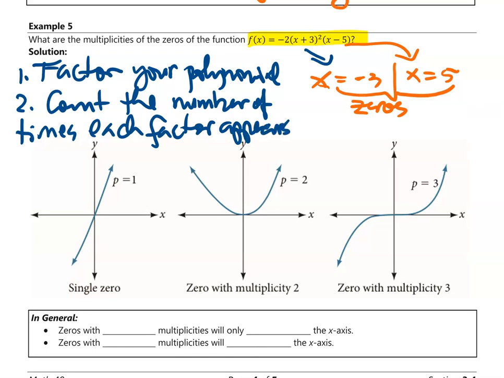That is by looking at the power of each factor. X plus 3, the power is squared. So that's why x minus 3 has a multiplicity of 2.